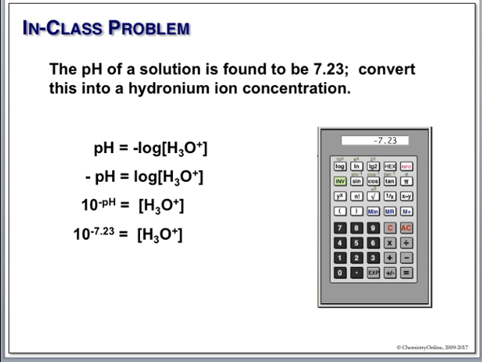To get to the green, I have to push this button and then this one. And when I do that, by George, I get 5.8888 times 10 to the minus 8. Now feed that to your calculator and make sure it comes out the same, or at least close. Once again, type in minus 7.23, hit 10 to the x.